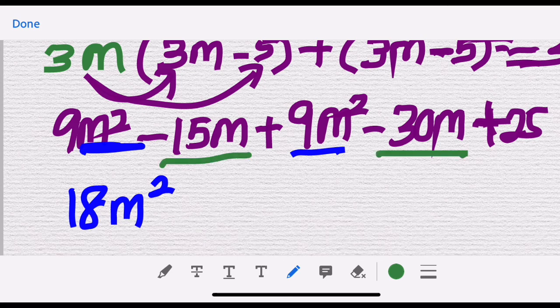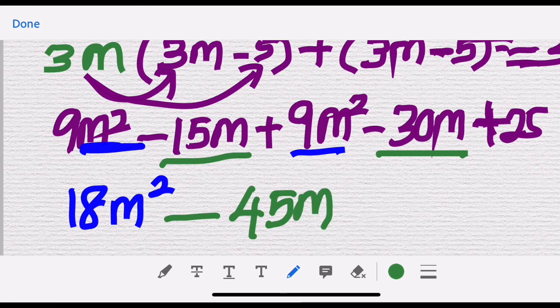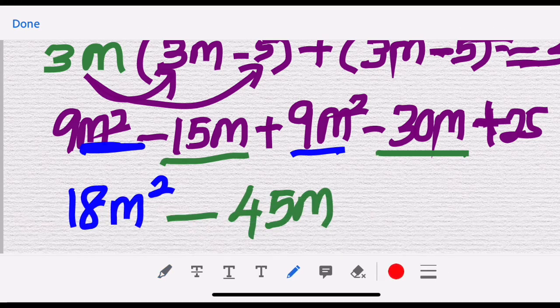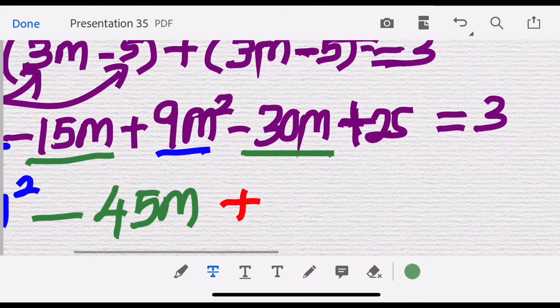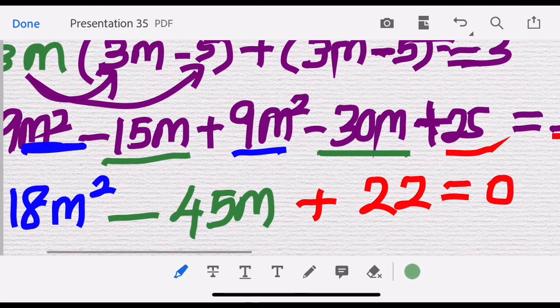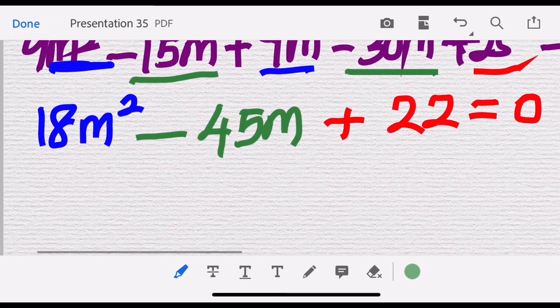Negative 15, negative 30 will be negative 45m. And finally the number, right? The number is just only 25, and also the 3, right? There's a 25 minus 3, which is 22 equal to 0. Alright, so you get the equation like this.